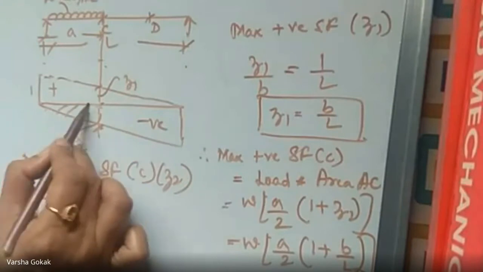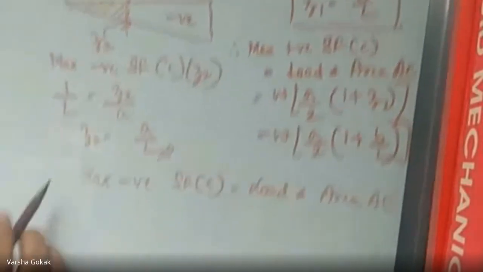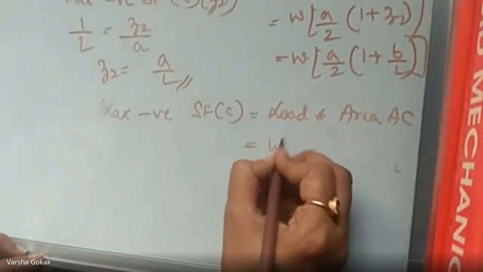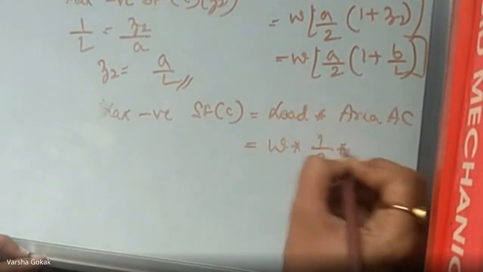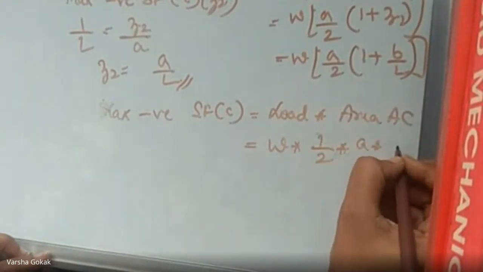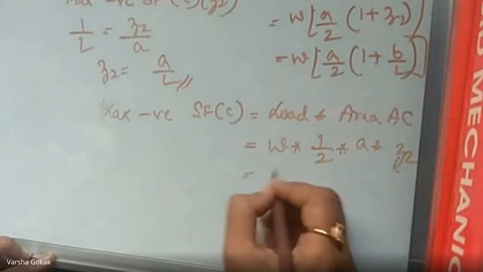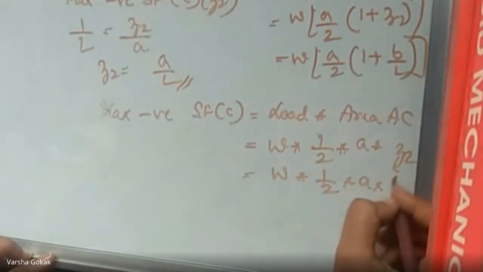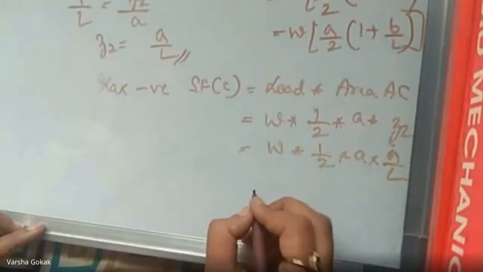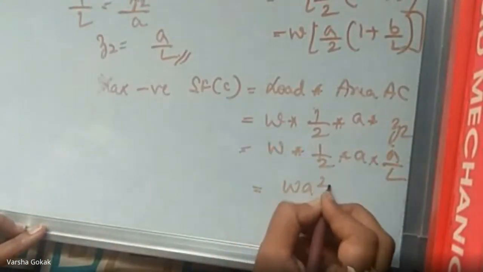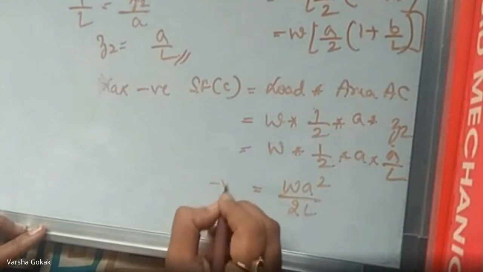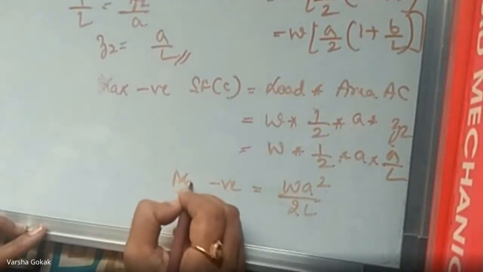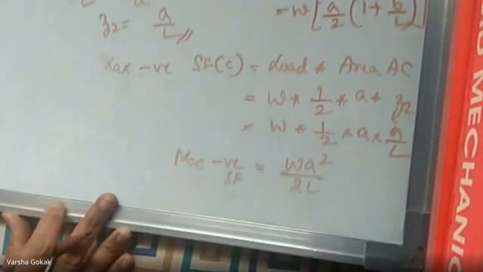A to C area is a triangle, so half base into height. Load is W, area is half, base is A, height is Z2. So this becomes W into half into A into Z2, which is A by L, so nothing but W A square by 2L. This is the maximum negative shear force value.